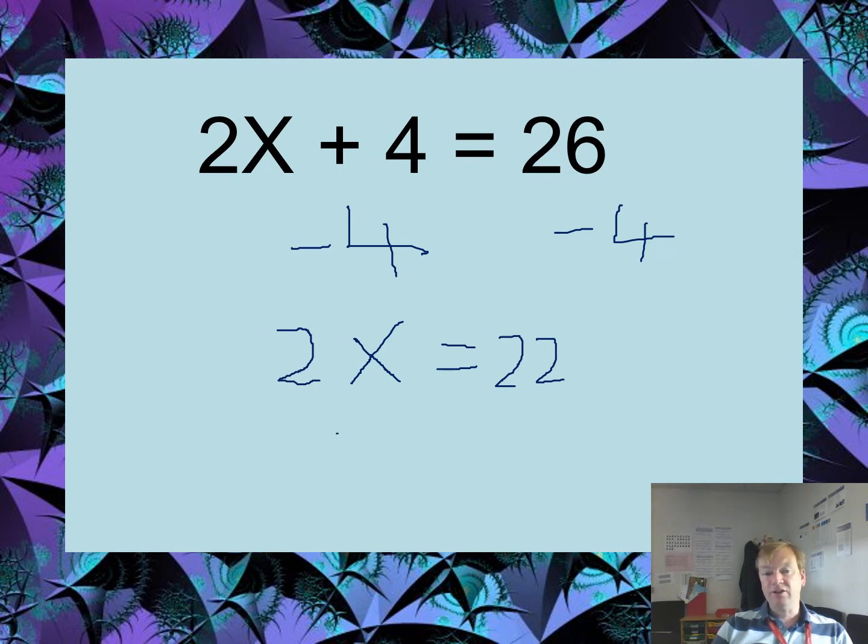So I'm going to divide by 2. What's that leave us with? Well, 2x divided by 2, that leaves me with the x, that's what I want. Got the equals in the middle. 22 divided by 2 gives me 11. There's my answer. x equals 11. I've solved a difficult 2-step equation.